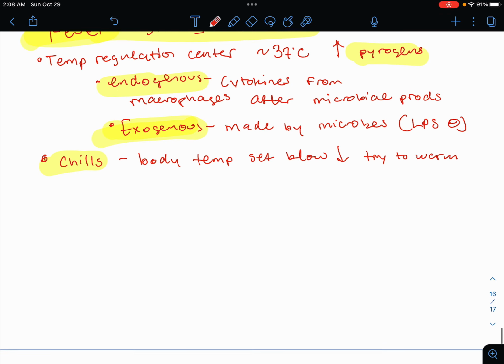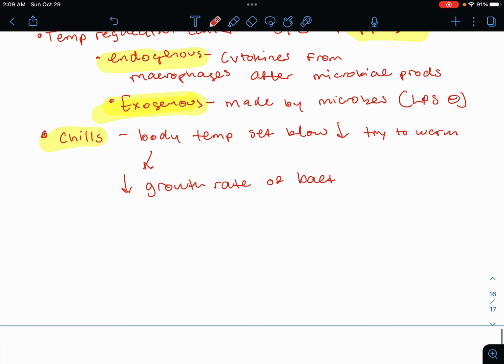The effects of the fever would be the decrease in growth rate of bacteria. The temperature increase will also enhance all these different responses.